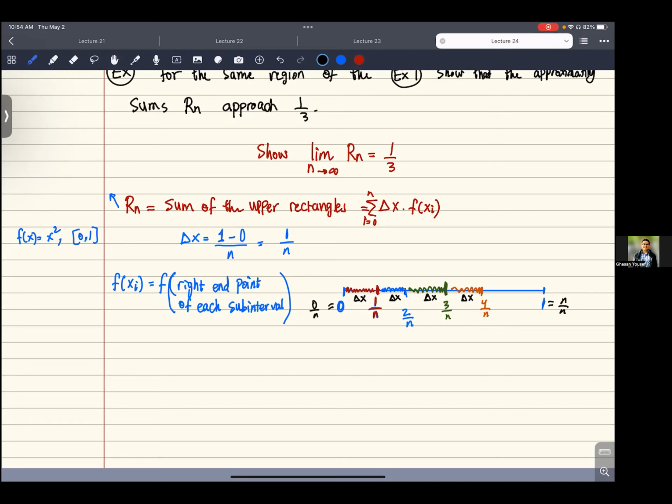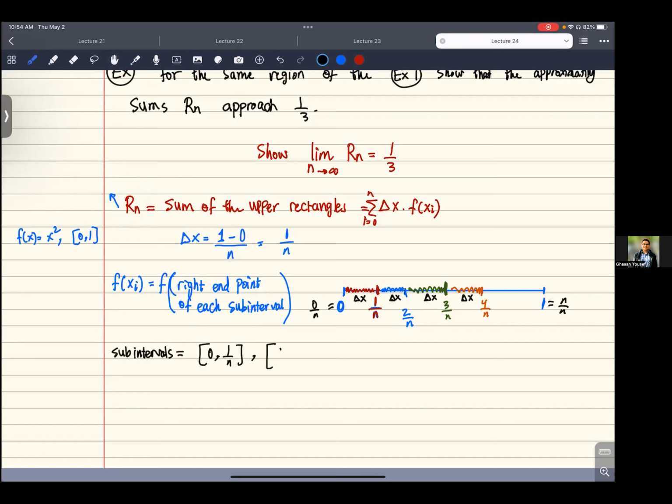Okay. Now R sub n, like I said before, is the upper estimate. Upper estimate means the right endpoint of each subinterval. So I have subintervals. The subinterval starting from 0 to 1 over n is the first subinterval.